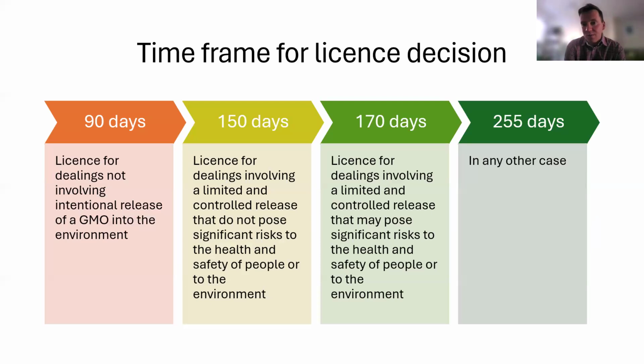There's a time frame for the licence decision. A basic application will take only 90 days, if you don't intend to release a GMO into the environment. If it's more complex, if it involves a release into the environment, or if there are risks which need to be controlled, managed and assessed, that might take longer, but not more than 255 days.